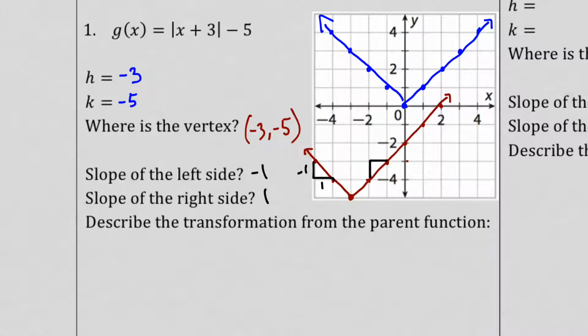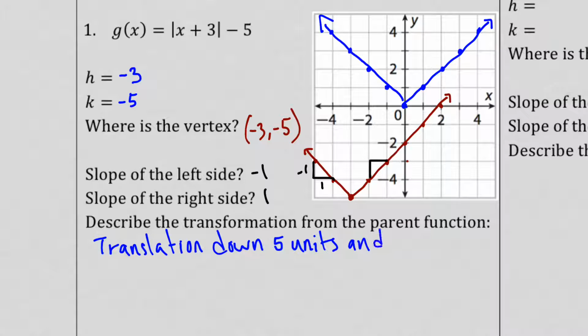Okay. We call those translations. When we move something, when we shift it in some direction, we call those translations. So this is a translation. This is what I want you guys to write. Down, how far down did we say? 5 units.